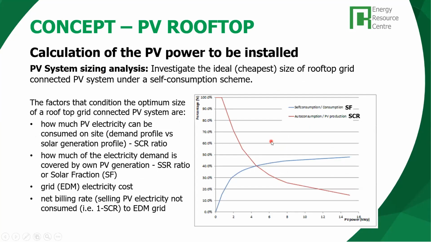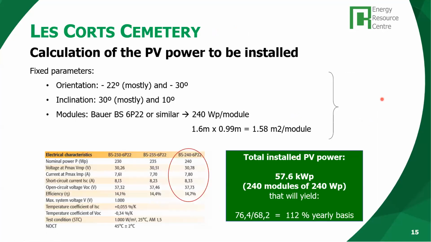These are some considerations that we made a couple of sessions ago about the self-consumption and the solar fractions. You remember there's always a minimum and a maximum size of a PV system that will give you the optimized self-consumption ratio. In our case, let's go back to our case.